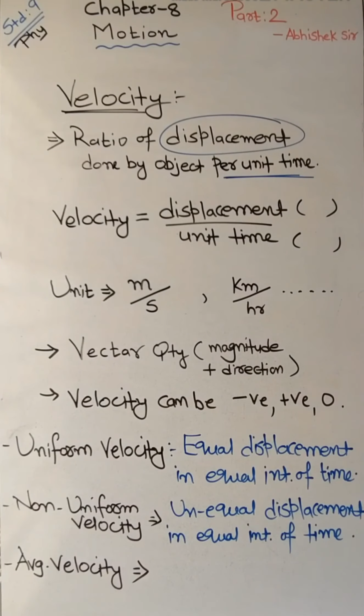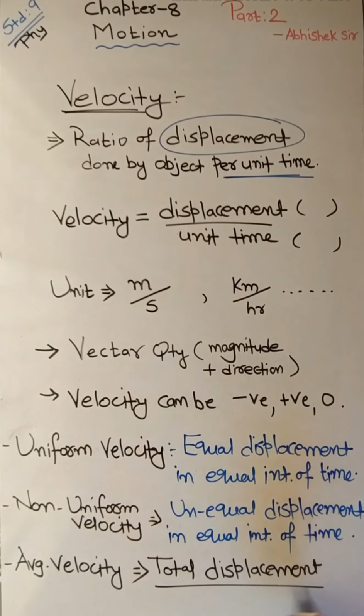Now in short, what will be the average velocity? It will be the average of the displacement upon average time. So in short, if you want to write it, average velocity is total displacement upon total time. In average speed, we have seen total distance upon total time.